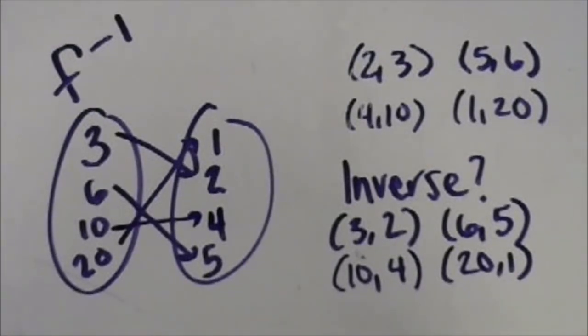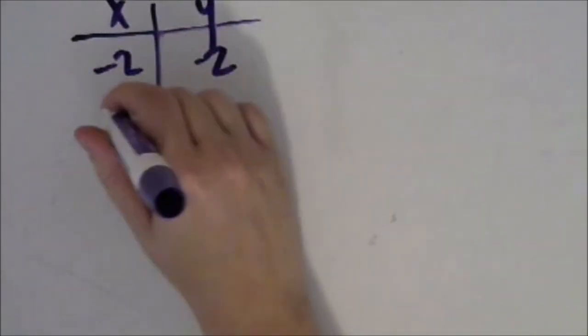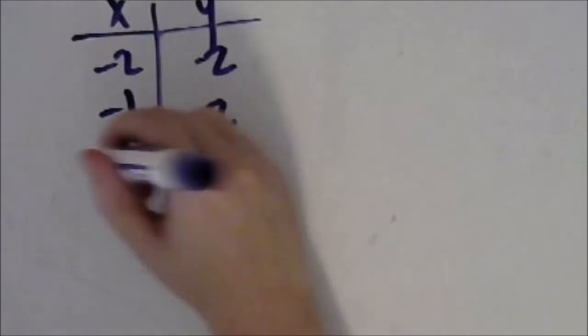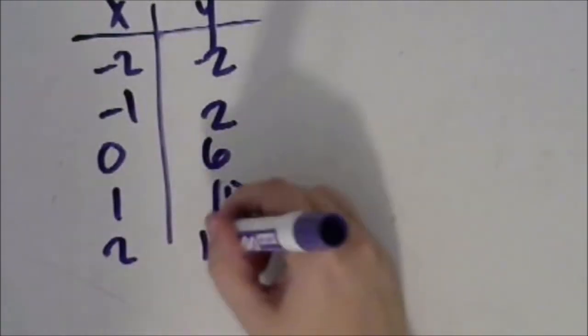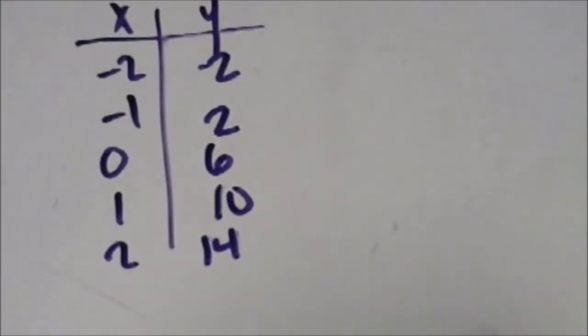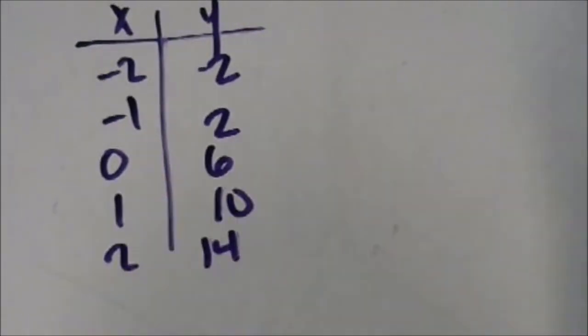Tables, very similar. You just want to swap your inputs and your outputs. So the first table we have is example 4, and that table is x, y: -2, -2; -1, 2; 0, 6; 1, 10; and 2, 14. How are the values of the domain corresponded to the values of the range?